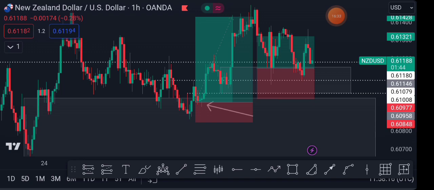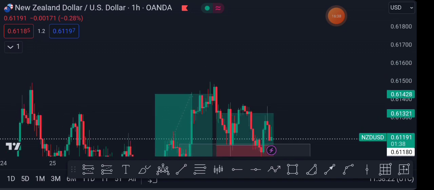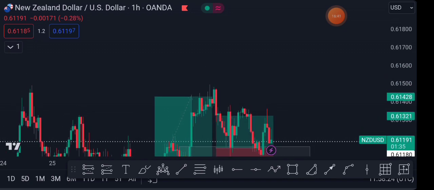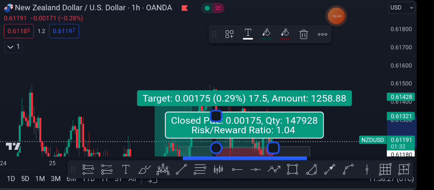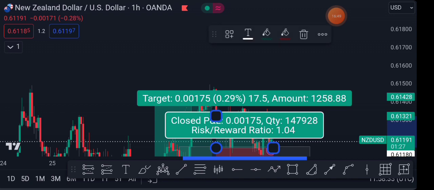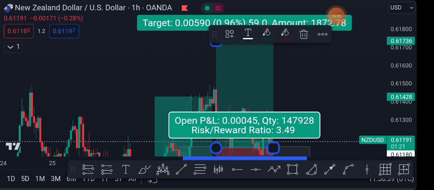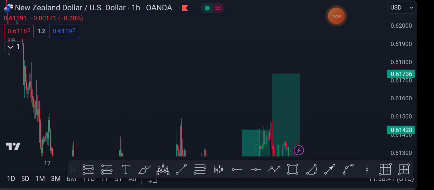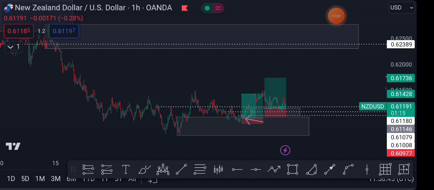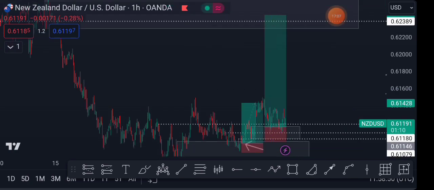We told them to buy this pair, and what I'm anticipating is that level which I showed you earlier on. Your first take profit should be at this high, before going to the top level right there.